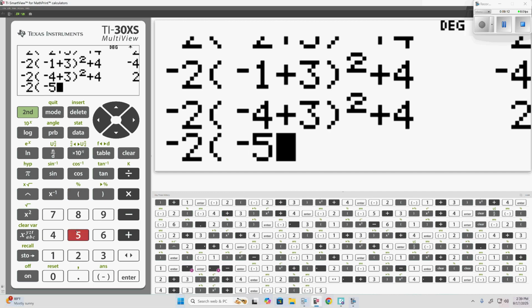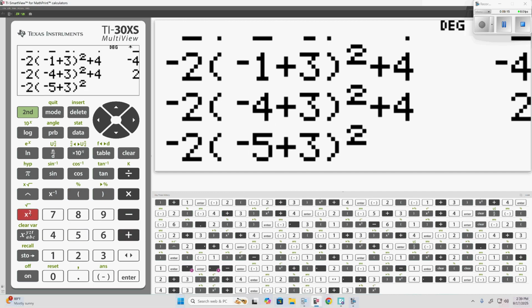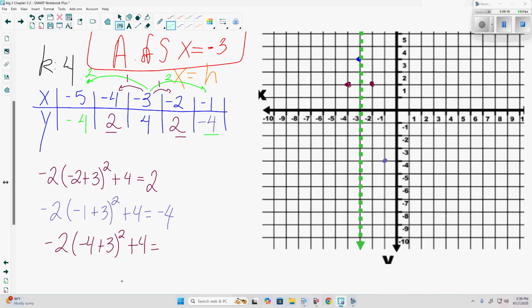-2 parentheses -5 plus 3 squared plus 4 is indeed -4.